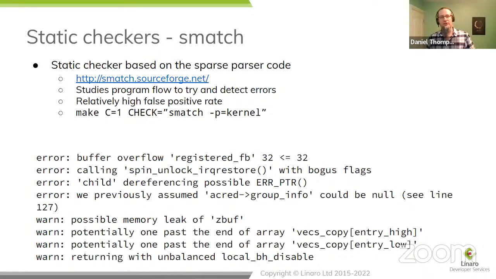Another checker, Smatch, is actually a static checker based on extending the sparse parser code. It was designed to try and find errors, and it differs from sparse in that it accepts a higher false positive rate. The issue with static checkers is you have to figure out whether they want to be highly aggressive and try to find as many bugs as possible, or conservative so that when they report a bug, you can be fairly confident it is actually a bug.